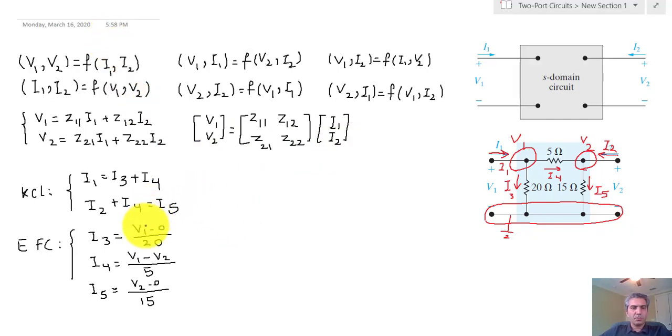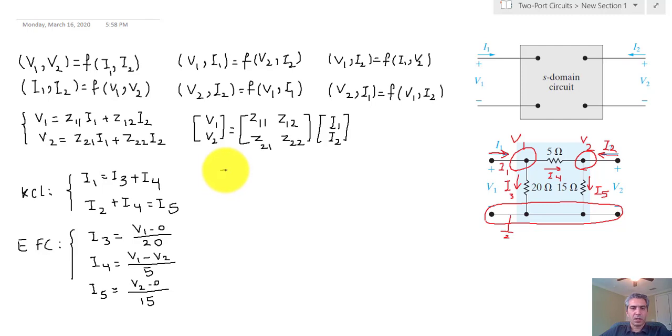Okay, so now we take these 2 KCL equations and replace I3, I4, and I5 as a function of V1 and V2, since our target is to actually get rid of I3 and I4 and I5 and find equations that are only function of I1 and I2. So I1, I2, and V1 and V2.